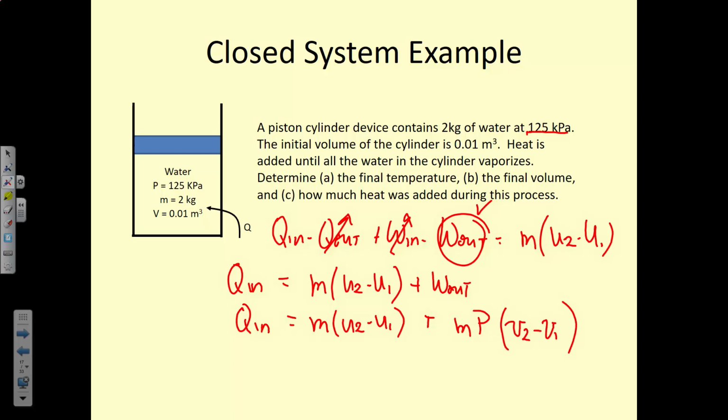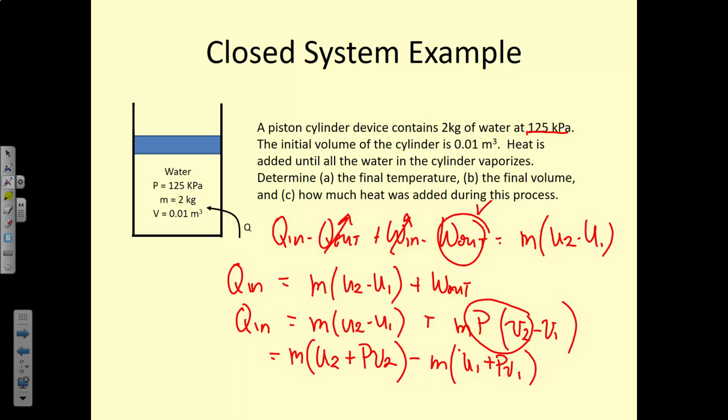Okay, but we can do something special with these terms because u2 plus P v2, times the mass, minus m times u1 plus P v1, that's also equal to Q in.